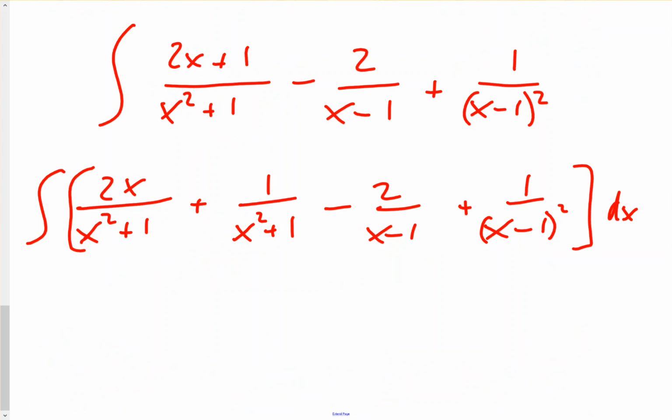Okay, so now 2x is the derivative of x squared plus 1, so if we do ln of that, that's fine. So we say ln of x squared plus 1 plus, now integral of 1 over x squared plus 1, well, that would be the inverse tangent of x.